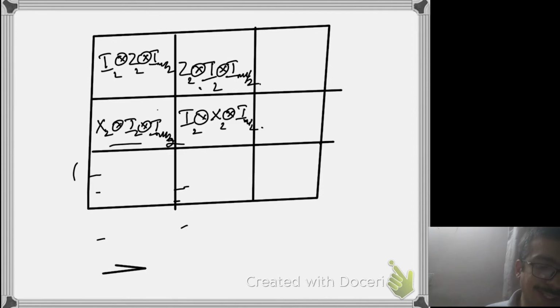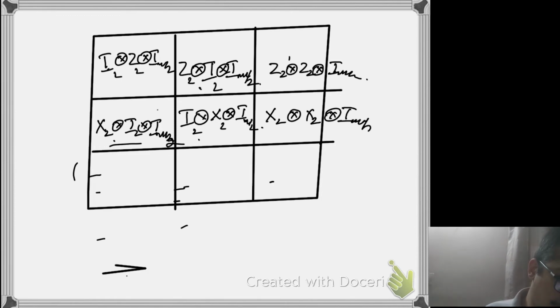Now I know that A3 is A1, A2, so I can just compute. A3 has to be Z2 tensor IM by 2. Similarly, A6 has to be A4, A5, so this will be X2 tensor IM by 2. Now A7 has to be A1 times A4, so this has to be X2 tensor Z2 tensor IM by 2.